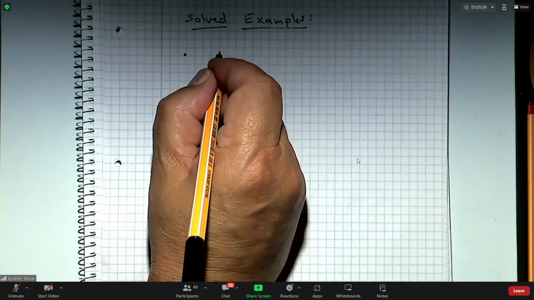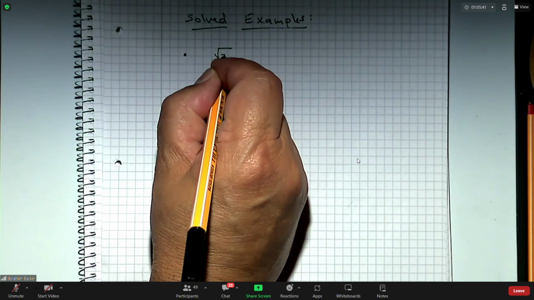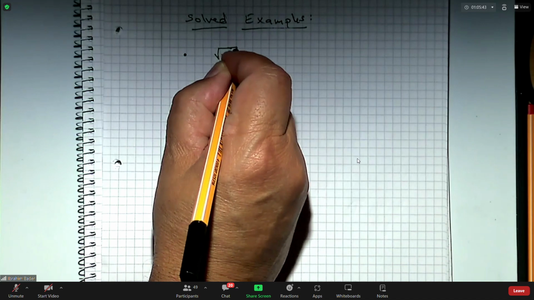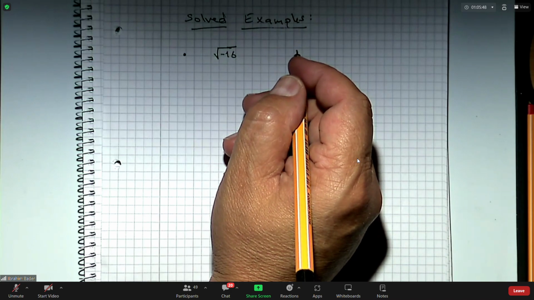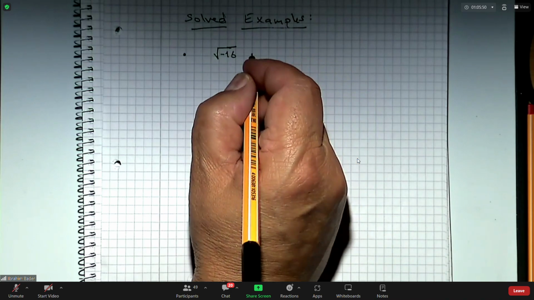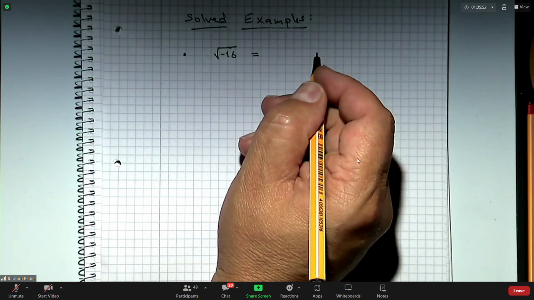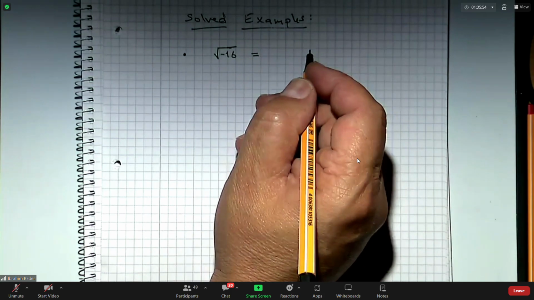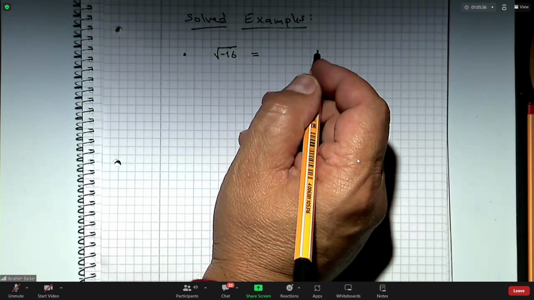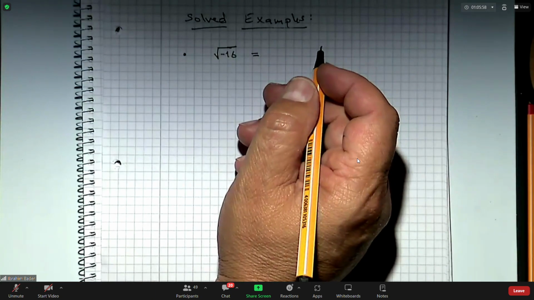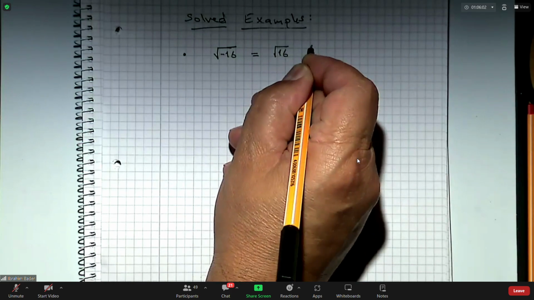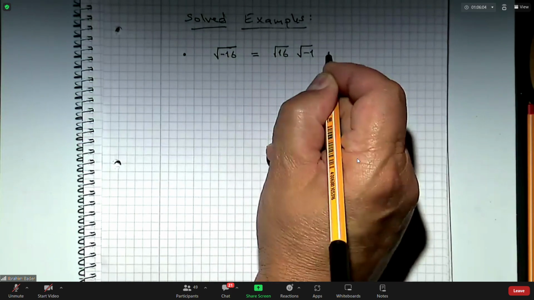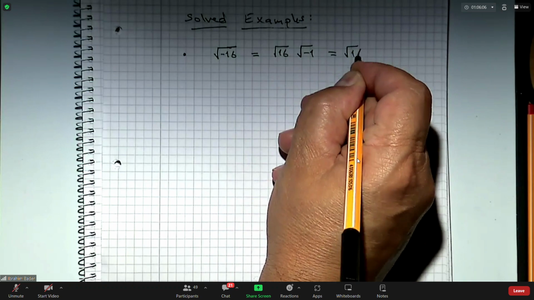So what is the square root of negative 16? We write it as negative 16 times the square root of negative 1, which is square root of 16i.